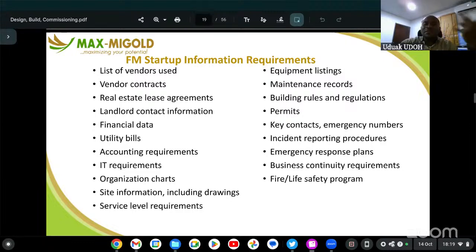A lot of things. We need to always have those requirements put in a docket: the financial data of the project, the utility bills, organization charts, the site information, the drawings too, the service level requirements, equipment listing, the maintenance records, permits, key contacts, emergency numbers, and incident reporting procedures. All these are things we need as facilities managers whenever we go into a site.